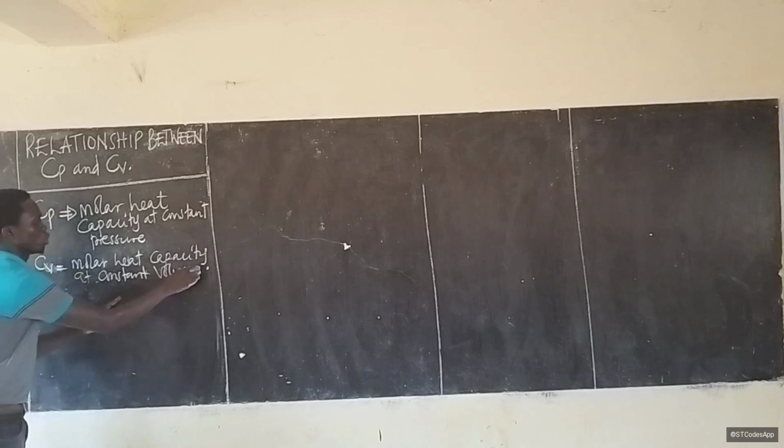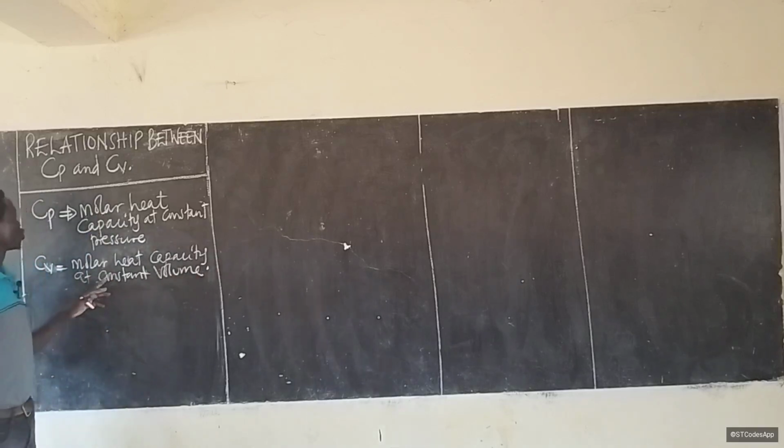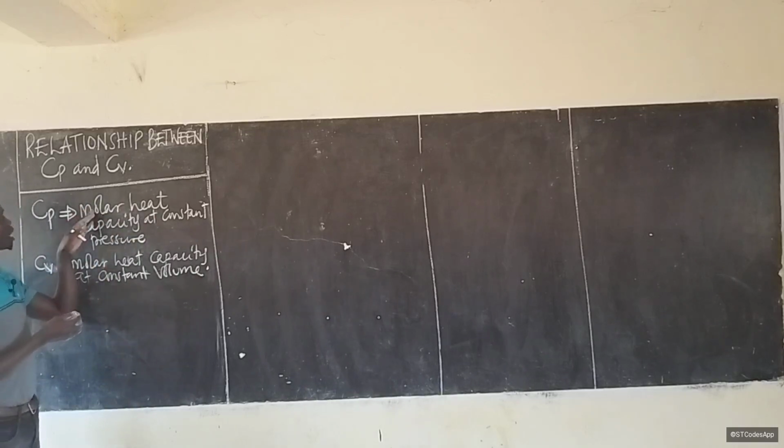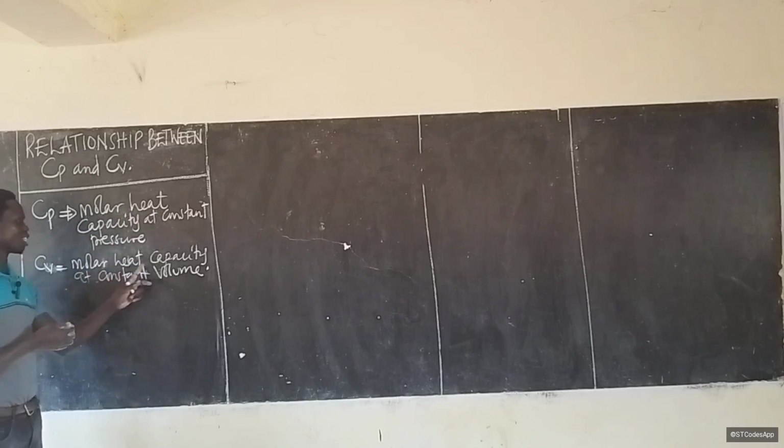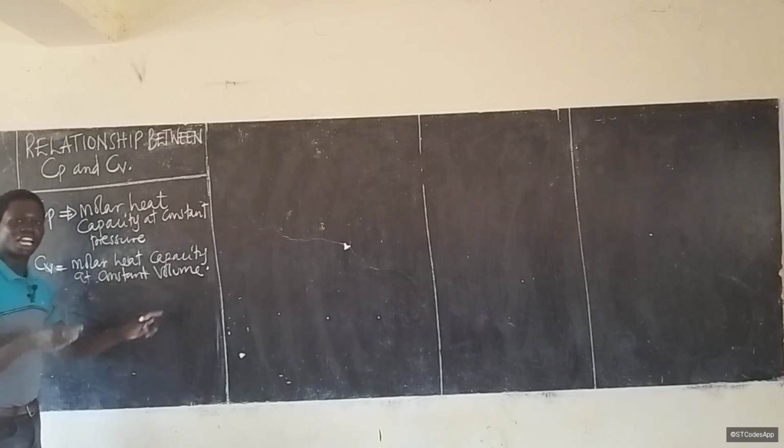We want to see the relationship between the two terms. Sometimes we call them the principal molar heat capacities: the principal molar heat capacity at a constant pressure, and the principal molar heat capacity at a constant volume.